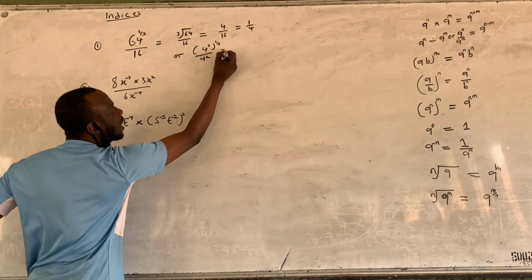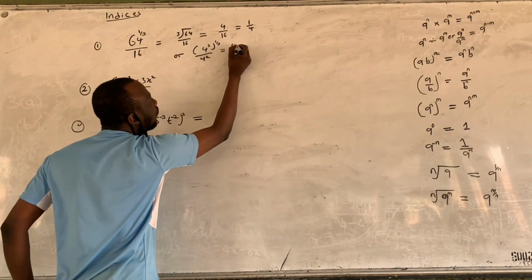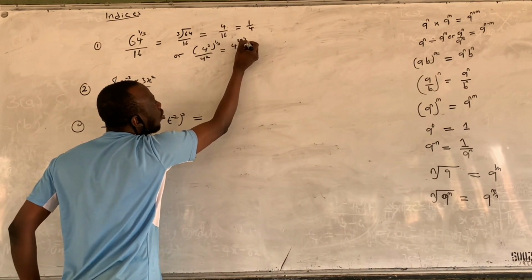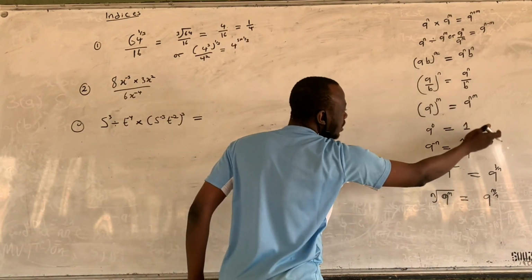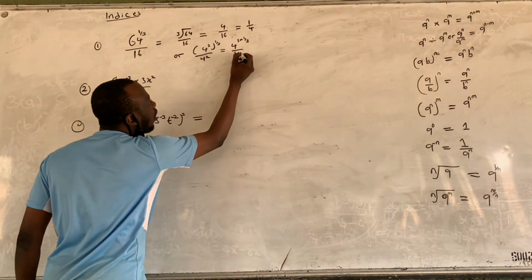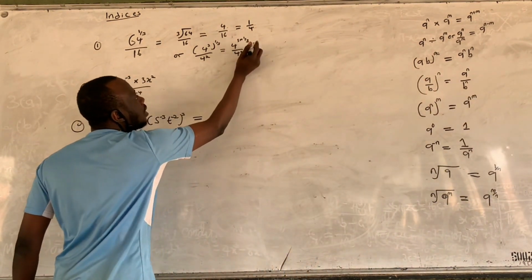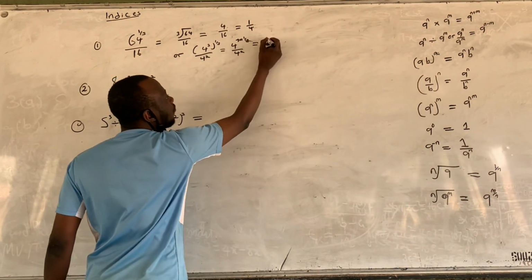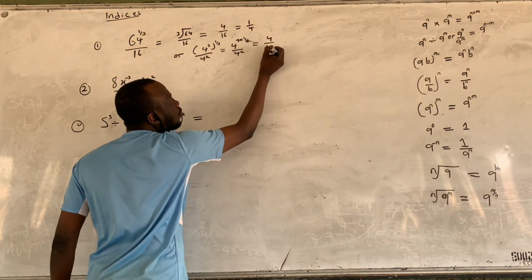Following the same rule, we multiply the powers: 3 times 1 over 3, the 3s cancel out, remaining 1. So we have 4 over 4 to the power of 2.